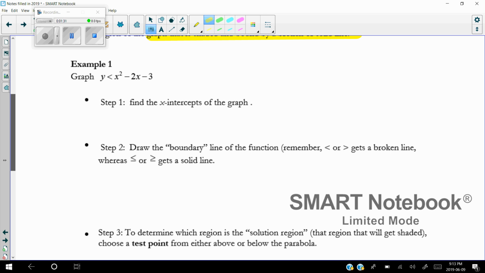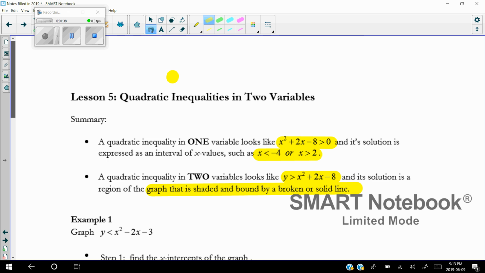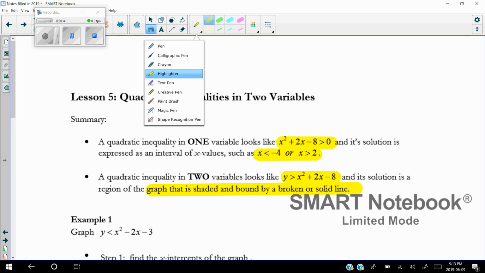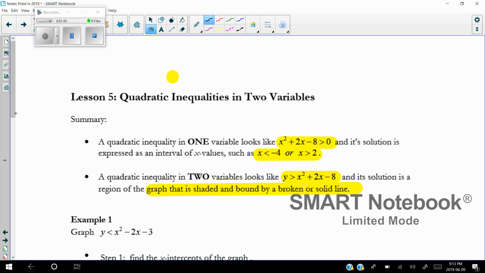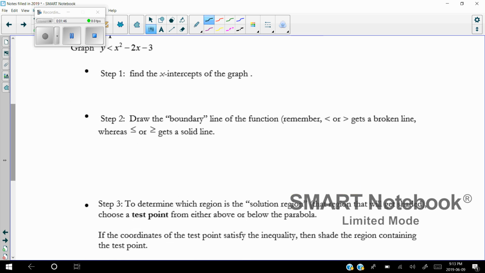So let's take a look at exactly what is meant by that and how we will do it. If we had a question that said graph y is less than x squared minus 2x minus 3, there are a couple of steps we could follow. The first step is to find the x-intercepts, exactly the same way as for a regular quadratic, by factoring. What adds to -2 and multiplies to -3?